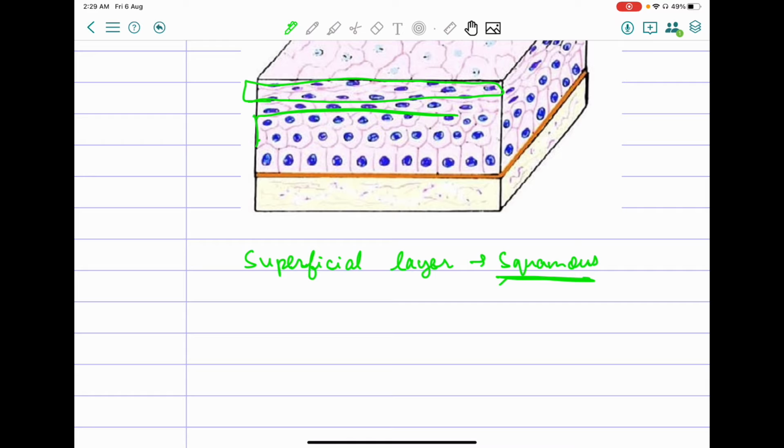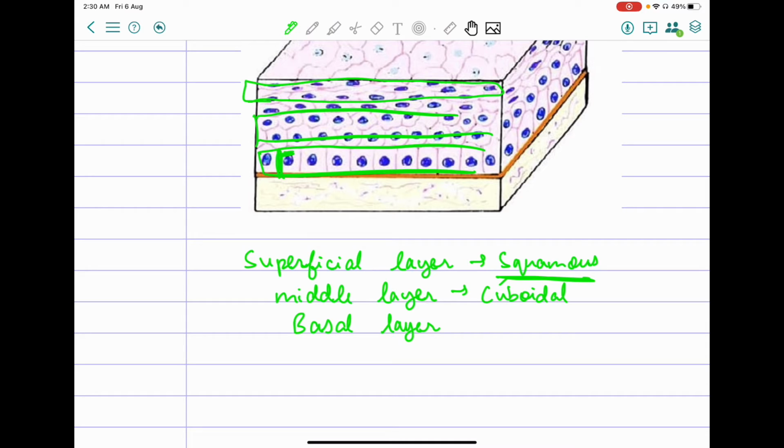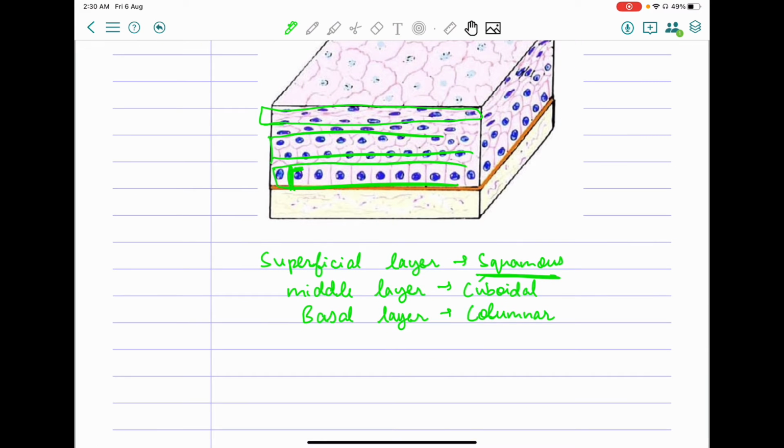You can see that they have a central spherical nucleus, and height is equal to breadth. So it will be cuboidal. And here you can see height is more than the breadth. That means the basal layer is columnar. So where is stratified squamous epithelium found?